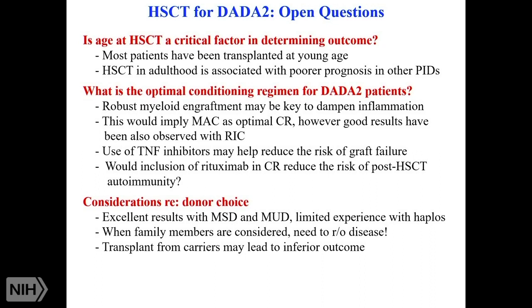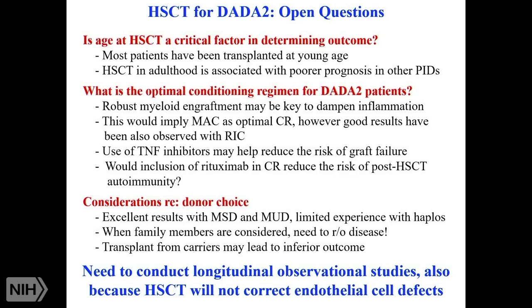And so again, there is a need for this registry. When family members are considered, one has to be very careful and genotype them very carefully before considering them as suitable donors, because you don't want to transplant from a genotypically affected individual. And even transplantation from carriers might perhaps come with some higher risk of post-transplant problems.